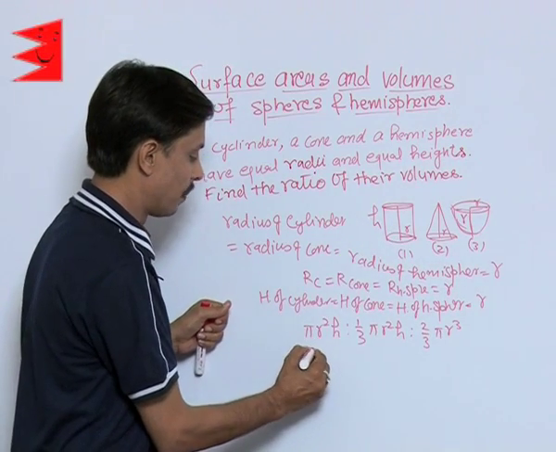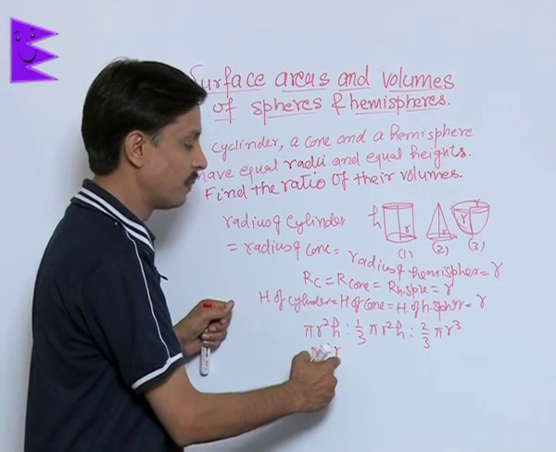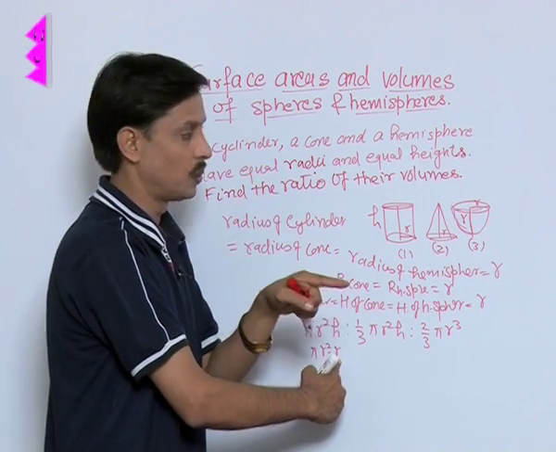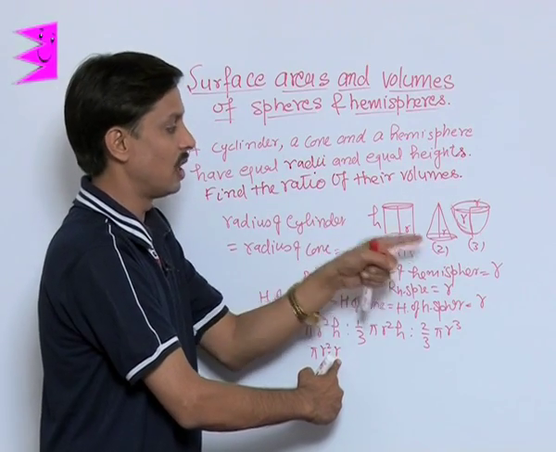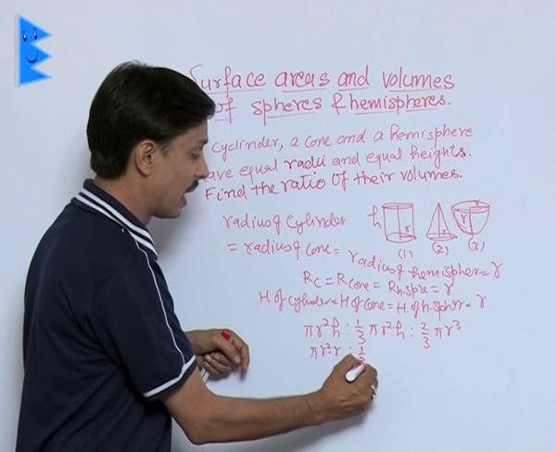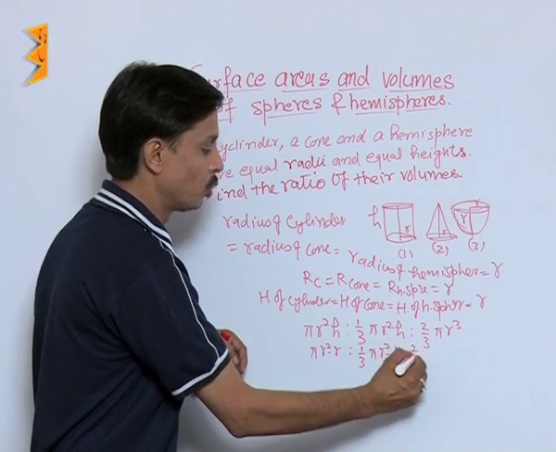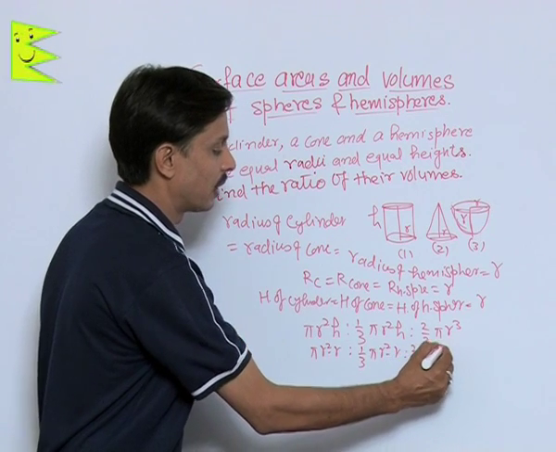Now this becomes pi r square into r, because height is replaced by the radius, and the radius of hemisphere is the same as the radius of cone and cylinder as given, is to 1 by 3 pi r square into r, is to 2 by 3 pi r cube.